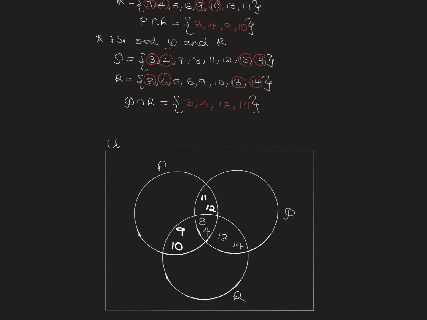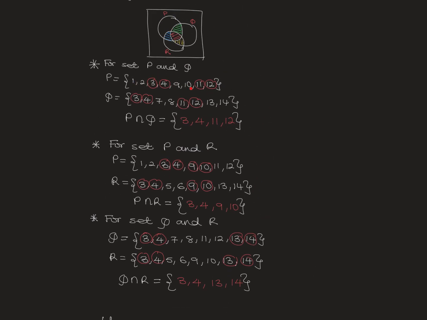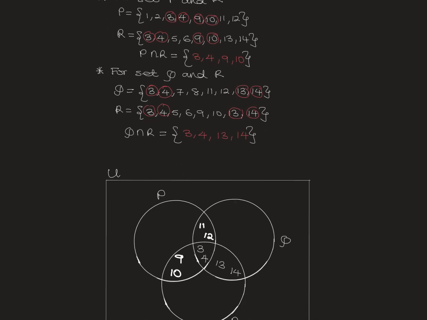So what do we do next? We try to fill in the numbers that are found in the individual cells only. So for P, if you go back to the sets in P, whatever is remaining, that is what we need to write now. So it is 1 and 2, right? 1 and 2.